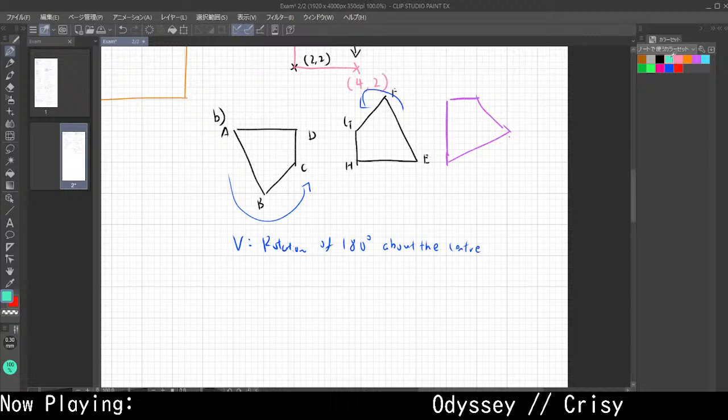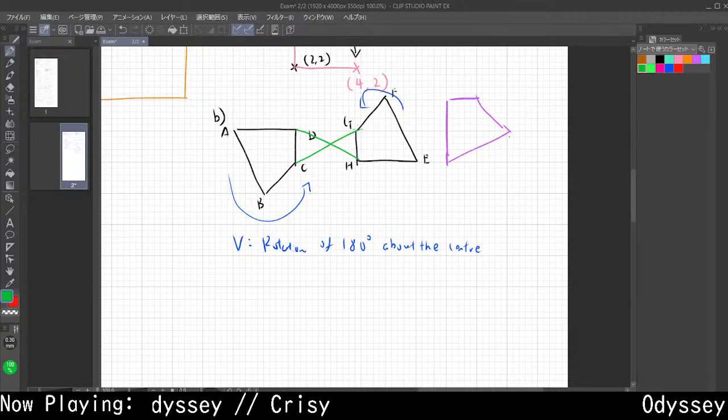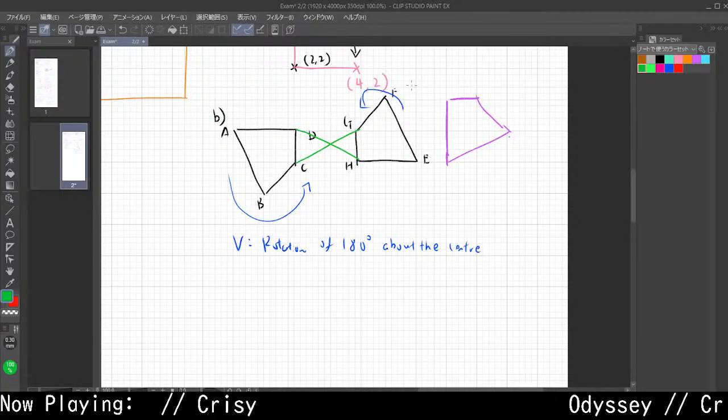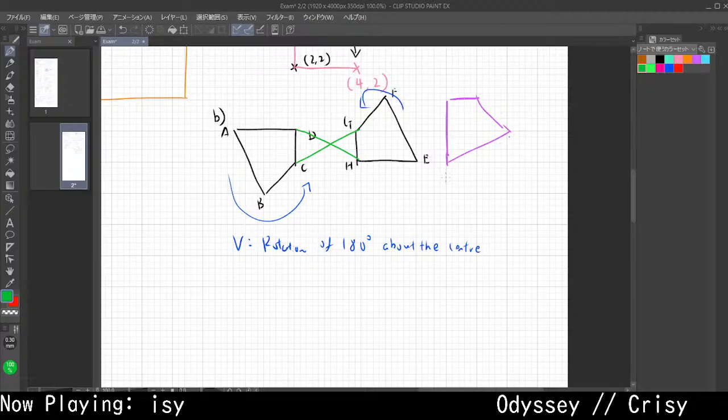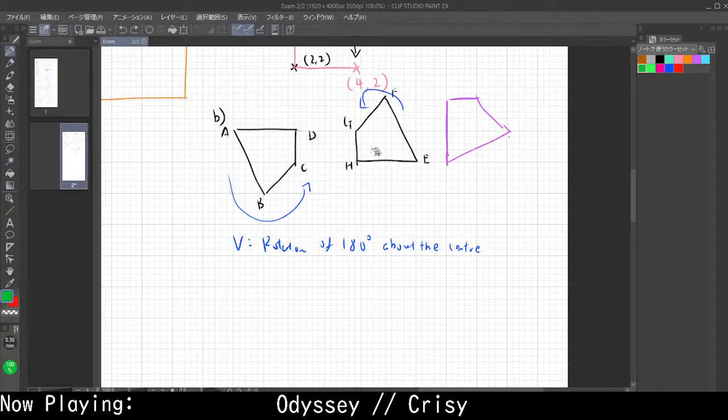So let me draw a line over here. This color. Your D corresponds to H. Your C corresponds to your G. Then your B will be F, A will be E, but in this case 2 lines are enough, you get the crossing point. So in the case of, let me draw it better, let me use a straight line.